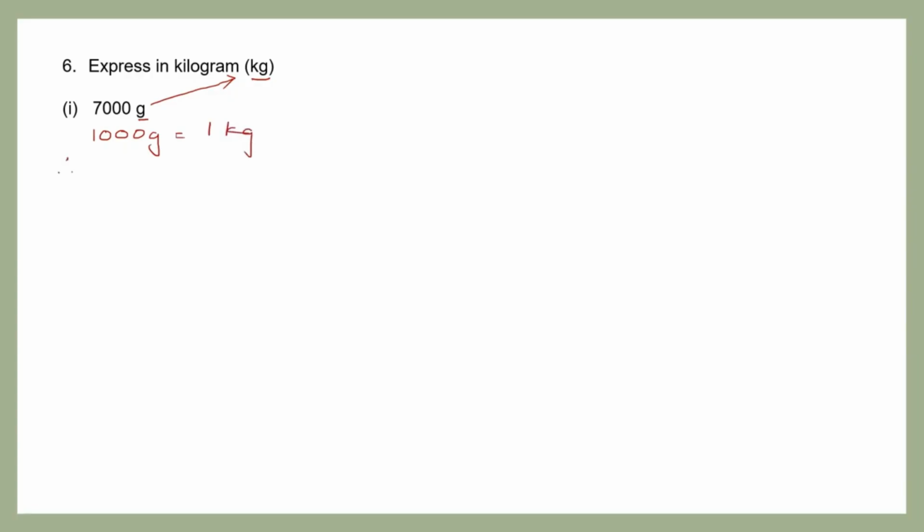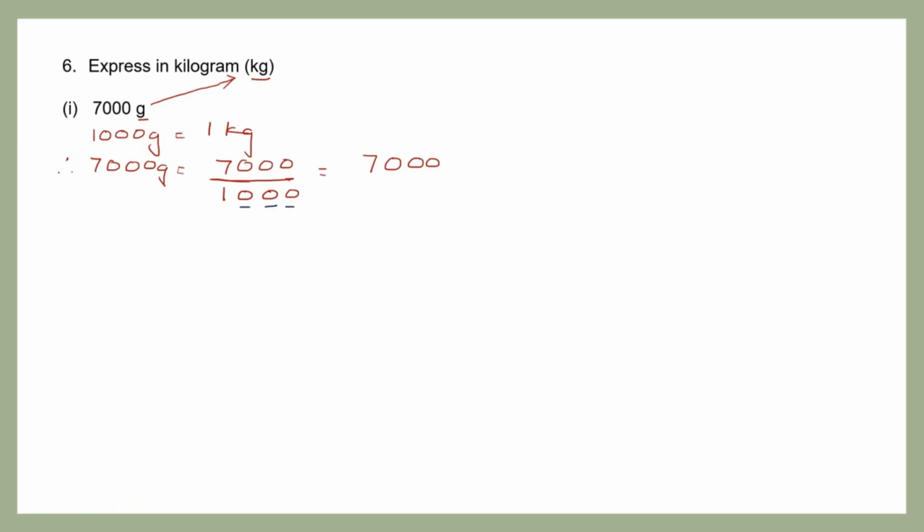So therefore, 7000 grams will be 7000 divided by 1000. Okay, so I'm going to write 7000 as it is. We are doing our decimal division. So let's follow the denominator's zeros. There are 3. So my point moves 3 places to the left.